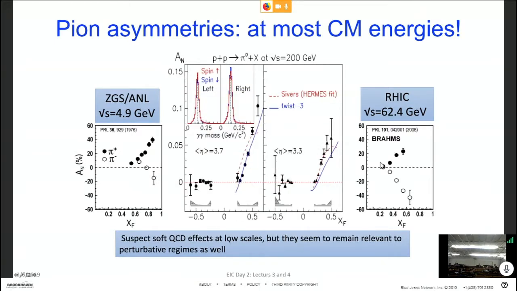But we measured it at 200 GeV center of mass, and those asymmetries very clearly existed even then. That was the last straw on that argument that these are either mistakes or soft QCD effects. But what are they?